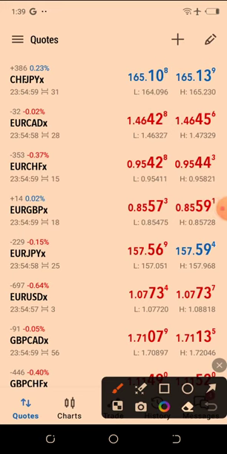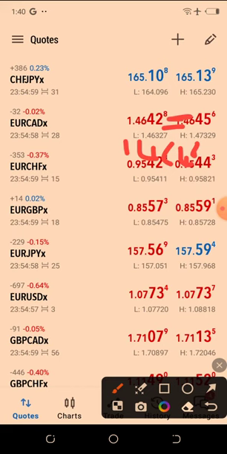So that is what we call spread. Spread is the difference between the buy and sell price. As you can see, these are the two prices.